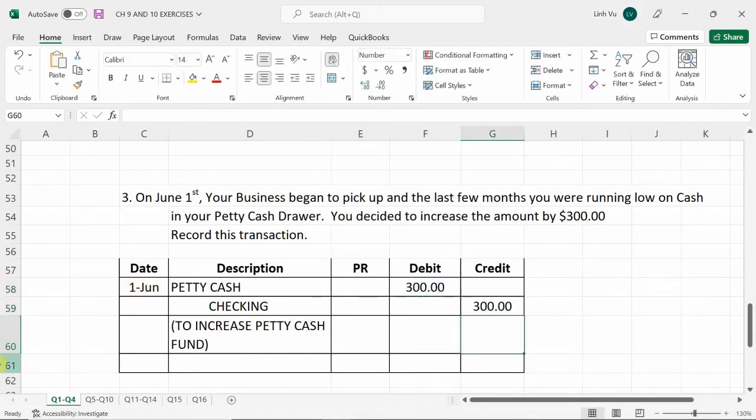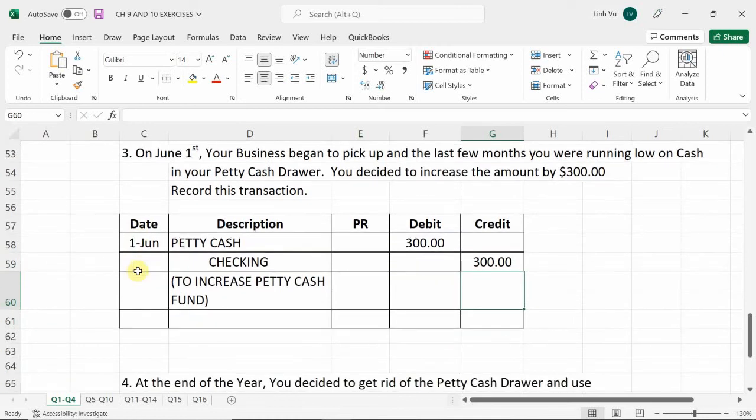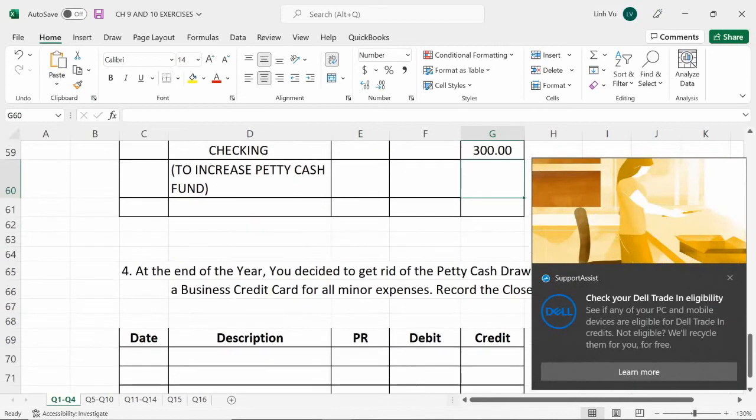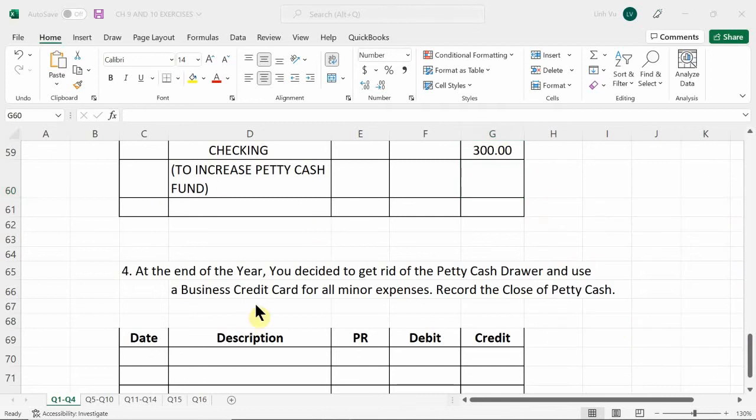Okay. Good, right? To increase, you just put the money amount into the petty cash drawer, and you're going to write a check to go get it cashed out. Okay, so let's see what's next.